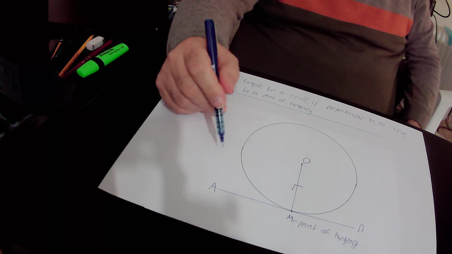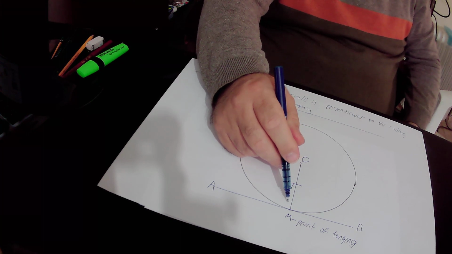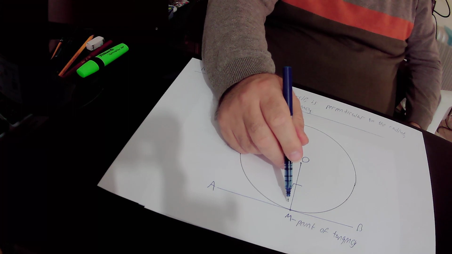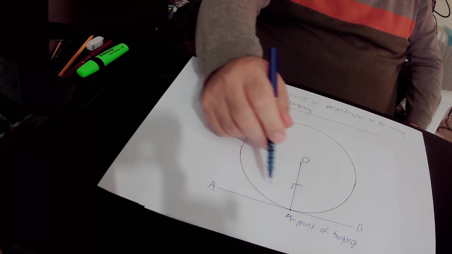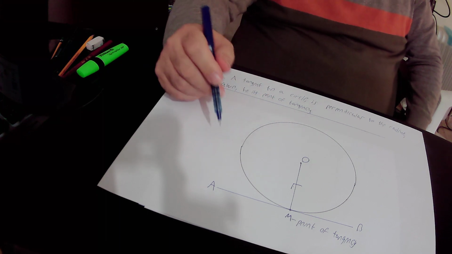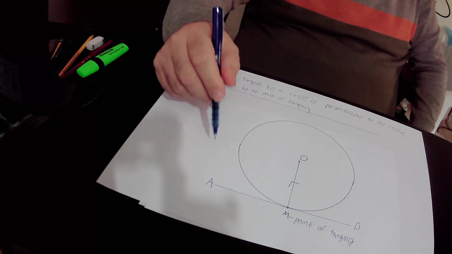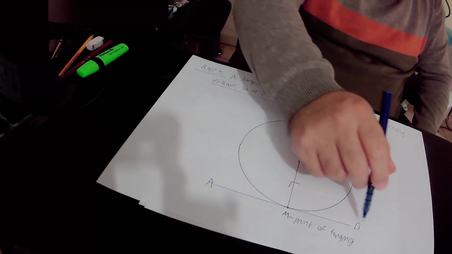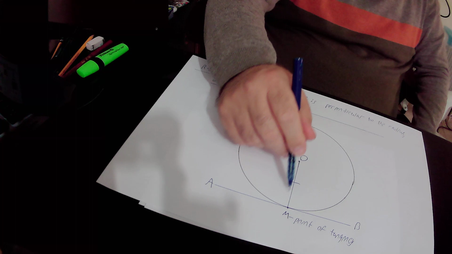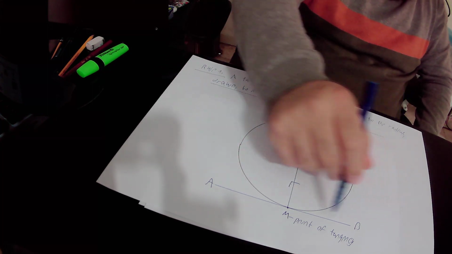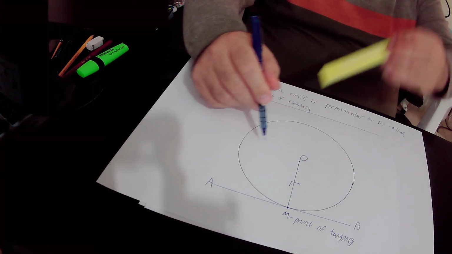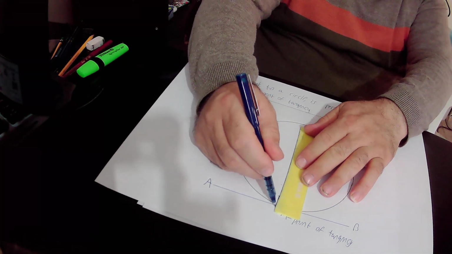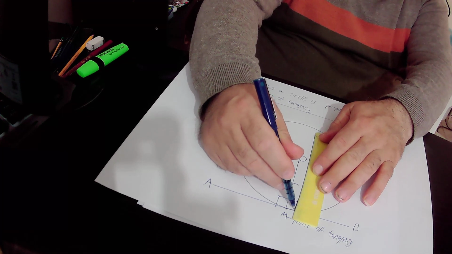Then whenever you have a radius that is drawn to the point of tangency, according to rule number 1, the tangent will be perpendicular to that radius. In this case, tangent AB will be perpendicular to the radius MO. So AB is perpendicular to MO, that is to say this angle will be equal to 90 degrees and this angle will also be equal to 90 degrees.